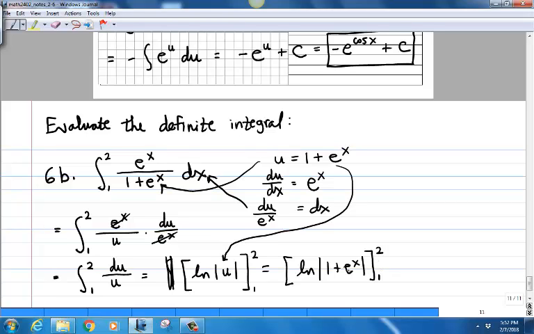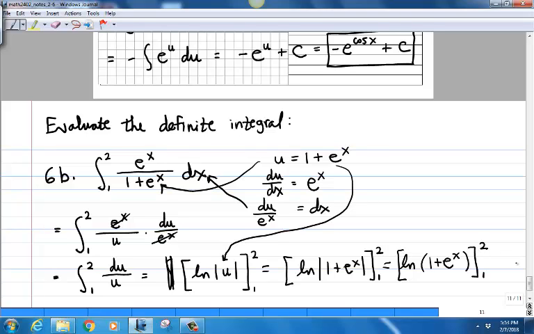So between 1 and 2, e to the x is definitely positive. It's always positive anyway, whether your limits of integration are from 1 to 2 or not. So to make a long story short, we don't need the absolute value bars. The quantity inside the natural log is going to be positive, so I'm going to take those off.